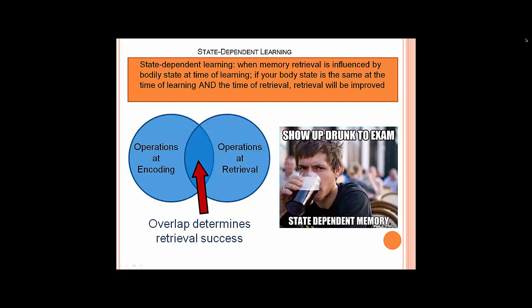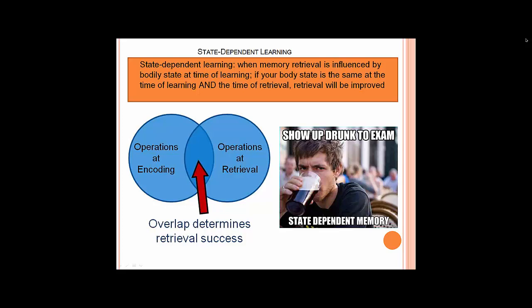Then we have an issue that is called state-dependent learning. State-dependent learning is when memory retrieval is influenced by your bodily state at the time of learning. This is true in some cases and not in others. If your body state is the same at the time of retrieval as at the time of learning, retrieval can be improved.